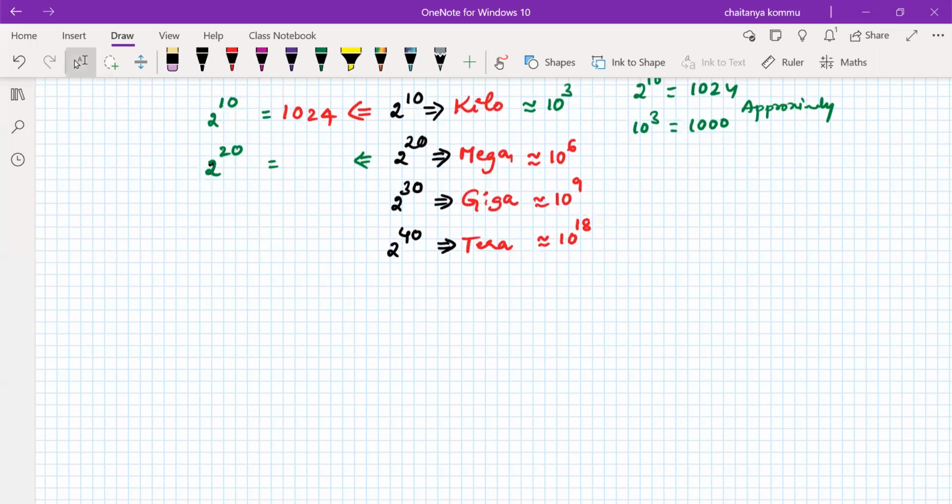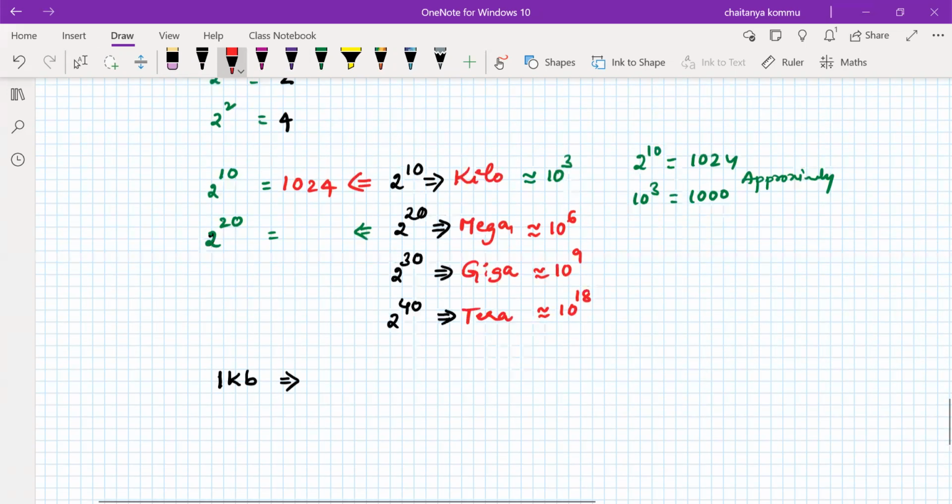For example, if I say 1 kilo, what does it mean in this one? Mega, we normally call it million. Giga means billion.